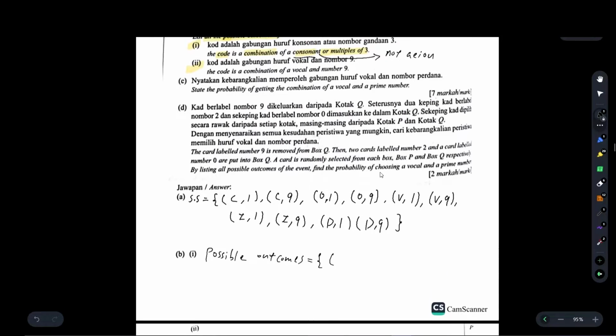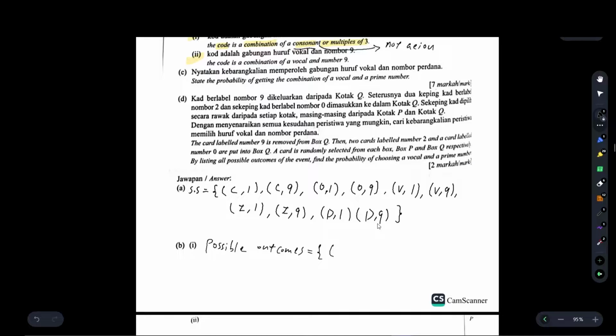Okay, so right now we're gonna continue. So there's C9 and then B9, D9. These 3 outcomes have both consonant and multiple of 3. So right now we're gonna write consonant only. It goes like this: C1, B1, and D1.